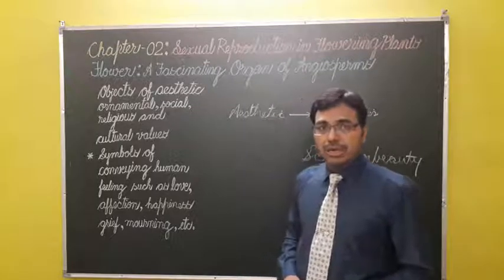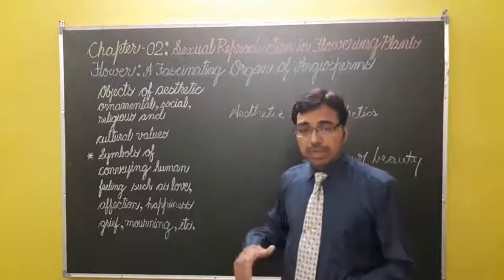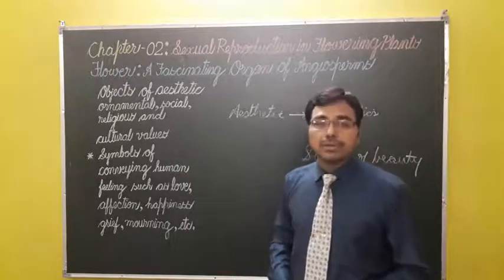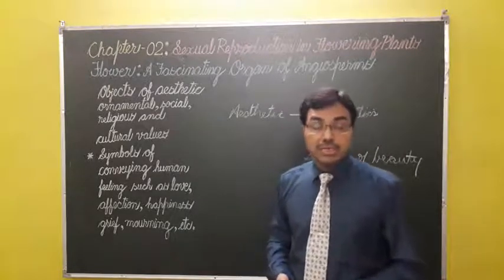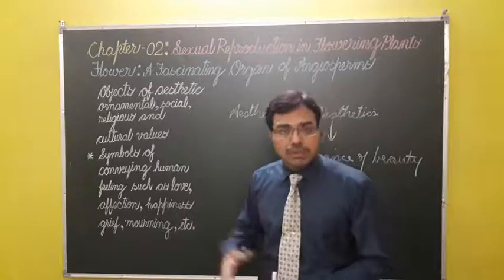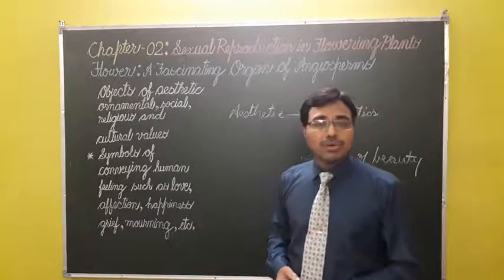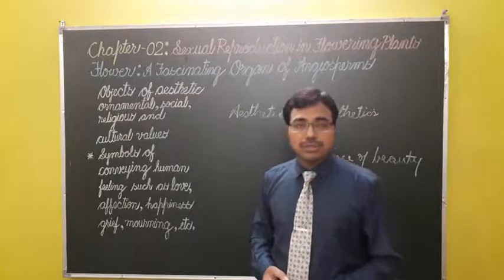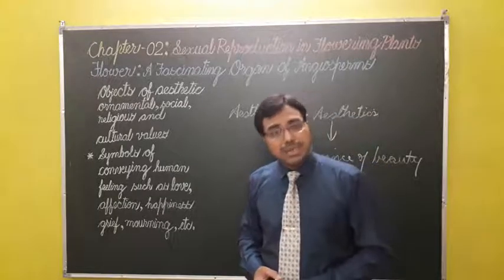But when we talk about the meaning or the purpose of the flower in the language of a biologist, or you can say in the language of an expert person, that time flowers are called the organs for sexual reproduction, or you can say the flowers are responsible for sexual reproduction.